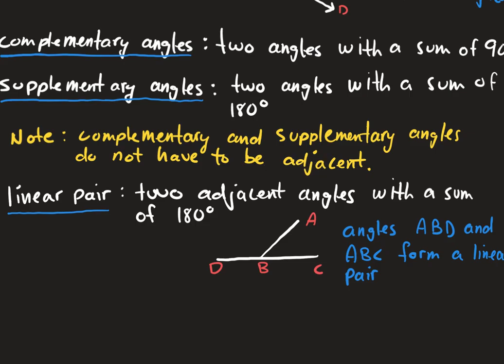Finally, I have the last kind of angle, which is a linear pair. They are two adjacent angles with a sum of 180 degrees.